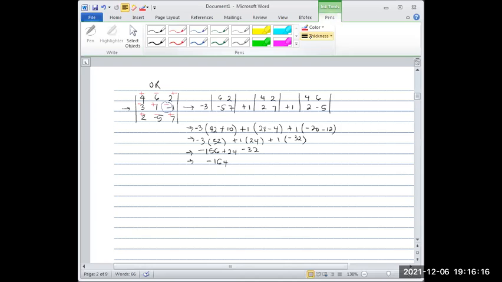Doesn't matter which row or which column you use, your answer will be the same. You see it now? Yes, sir. Are there any questions?